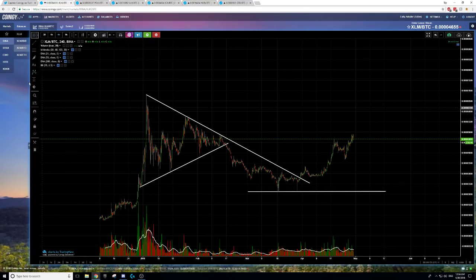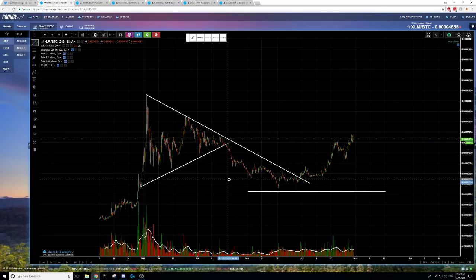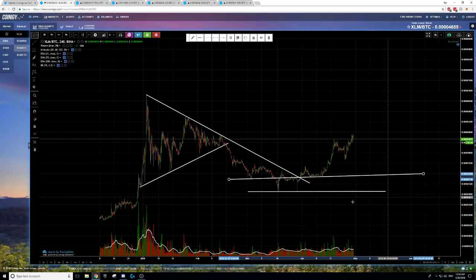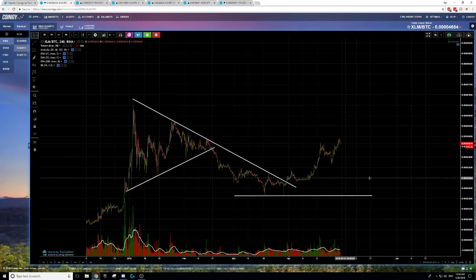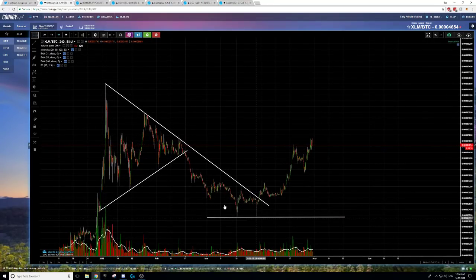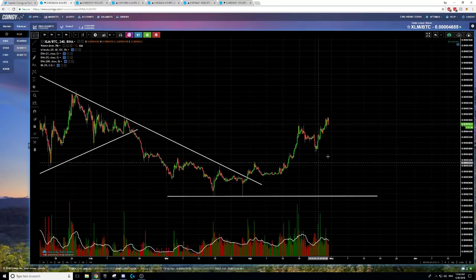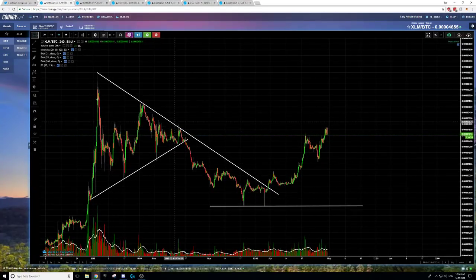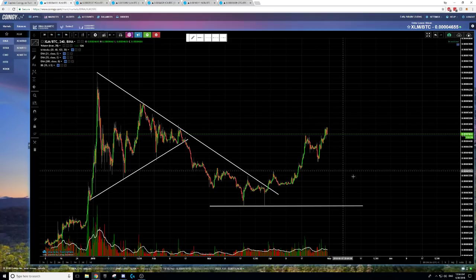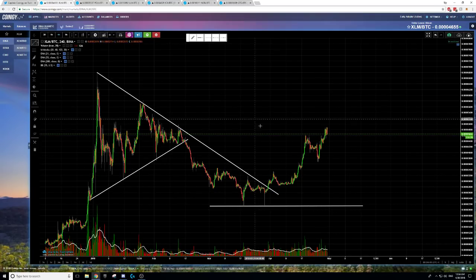There's probably some kind of bottom support or little trend line. It's kind of ugly because there's all this action right in here, so I'll remove that. I don't think the stuff down here matters too much. I don't think that we'll go back down to this territory for such a huge project like Stellar Lumens, so it's not important that we analyze down here too much.